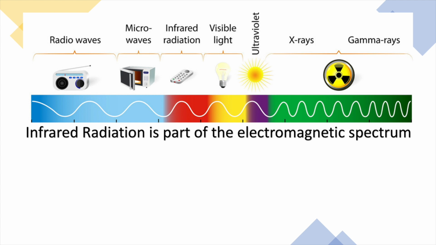Infrared radiation, which we should know from GCSE physics, is part of our electromagnetic spectrum. You can see it there, it's used in remote controls, but in chemistry we use it for infrared spectroscopy.